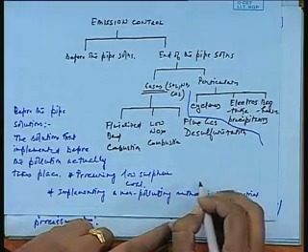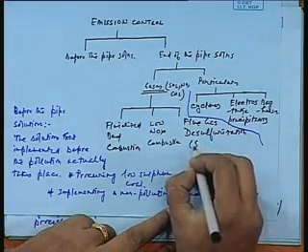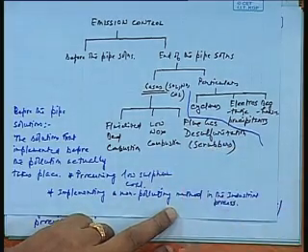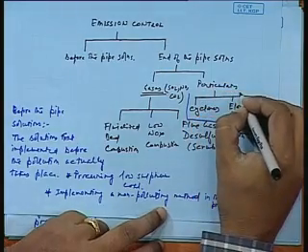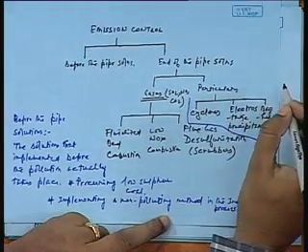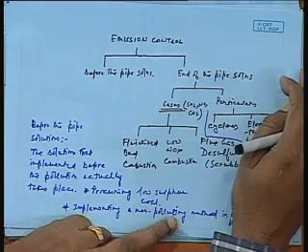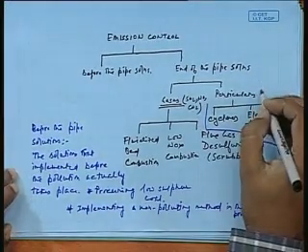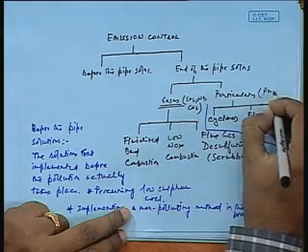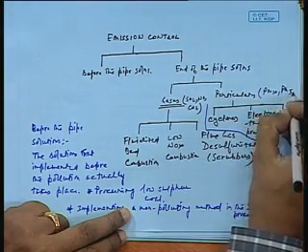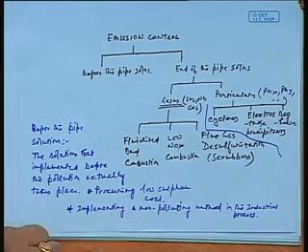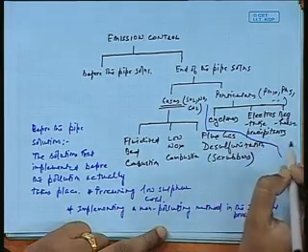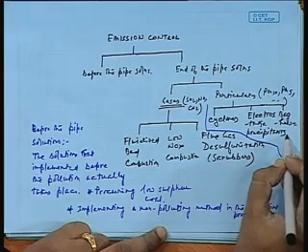These scrubbers, and for the particulates that I have talked about, say the particulates of PM10, PM5. For those particulates, you can use the cyclones, electrostatic precipitators, and bag houses.